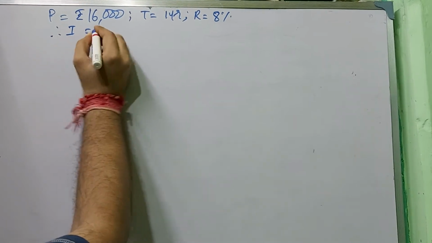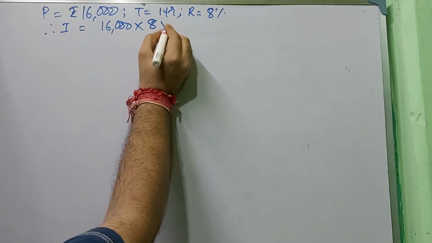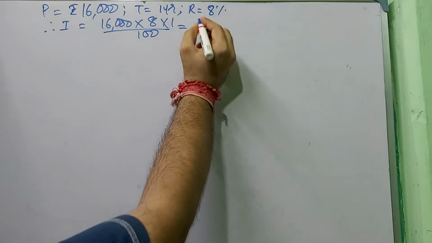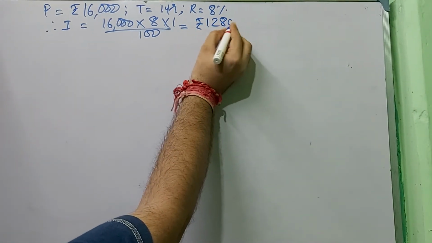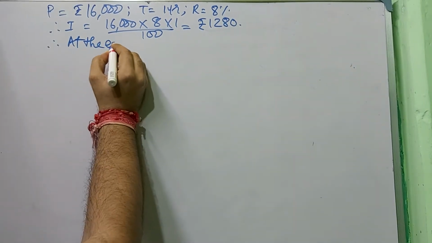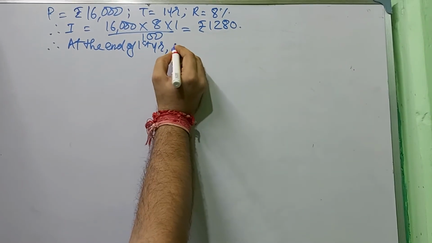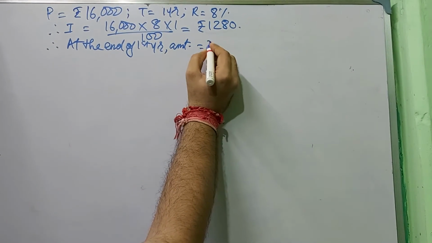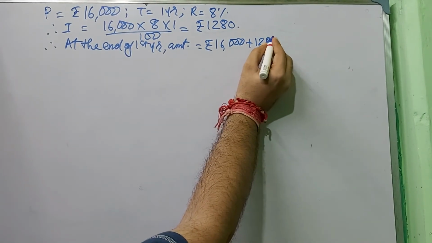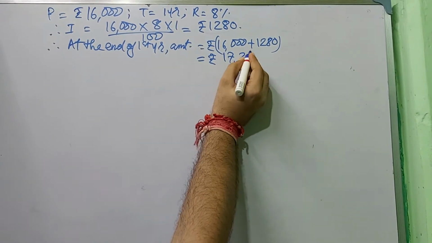Therefore I is the same formula: 16,000 into 8 into 1 divided by 100. You will get 1280, and at the end of the first year, the amount will be rupees 16,000 plus 1280, which becomes rupees 17,280.